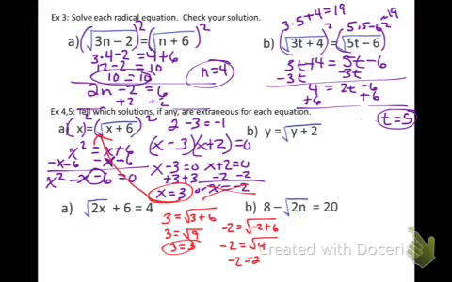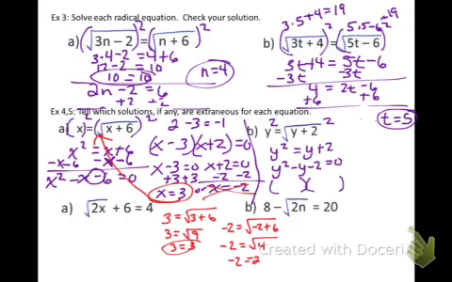Okay, B. Again, you're going to get the square root by itself. And so we're going to just square both sides, so it's y squared equals y plus 2. Bring it all over to one side, so it's going to be y squared minus y minus 2 equals 0. Break it up. y and y. 2 and 1.